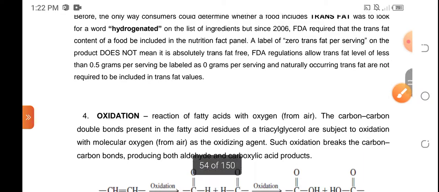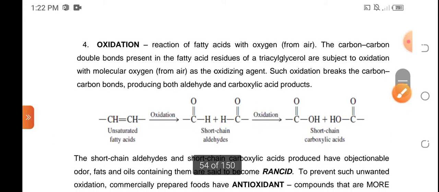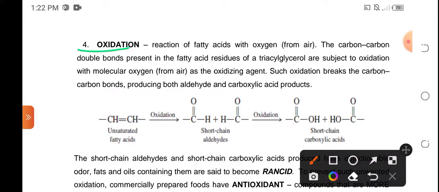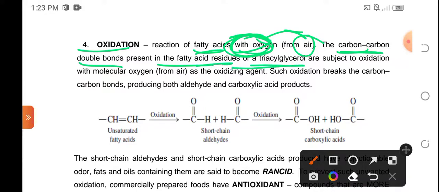Now, the last reaction is oxidation. When we say oxidation, of course, this is a reaction with air. The reaction of fatty acid with oxygen, which is eventually found in air. So the mechanism is the carbon-to-carbon double bond present in the fatty acid residues of the triacylglycerol are subjected to oxidation with the molecular oxygen.